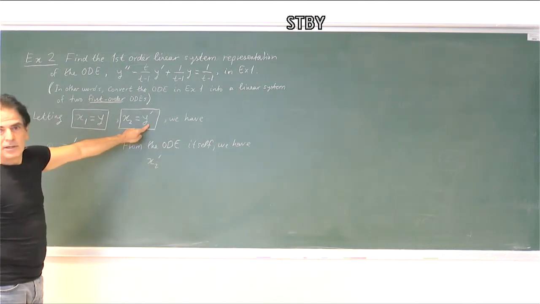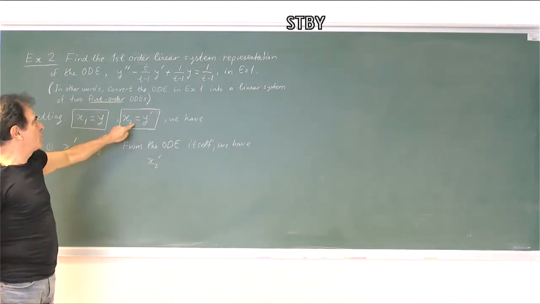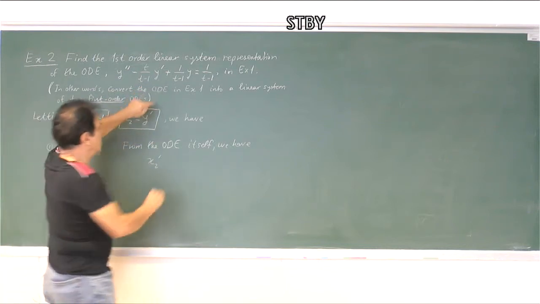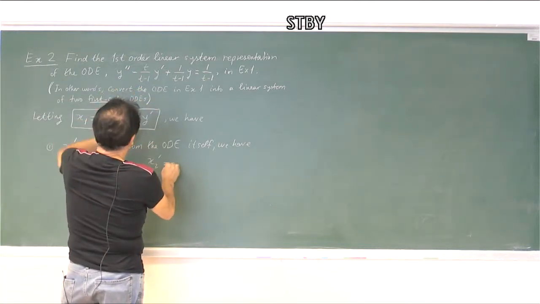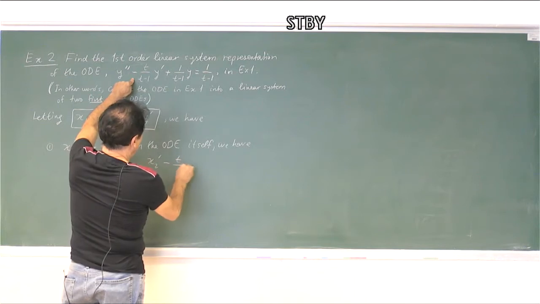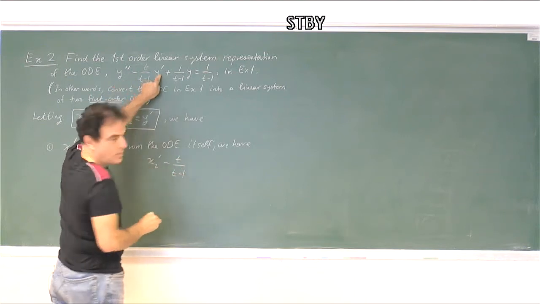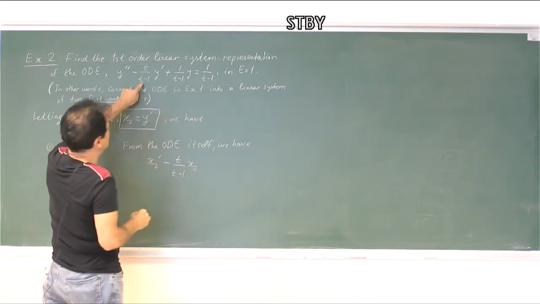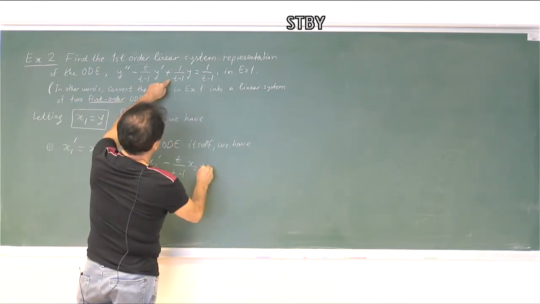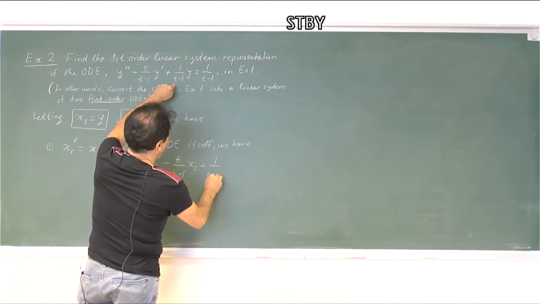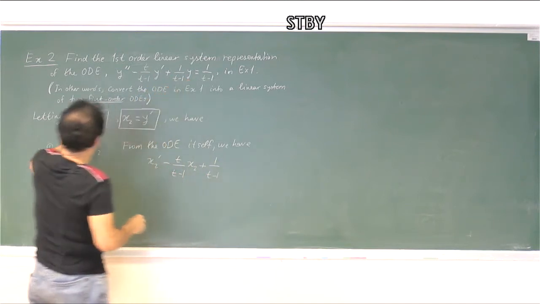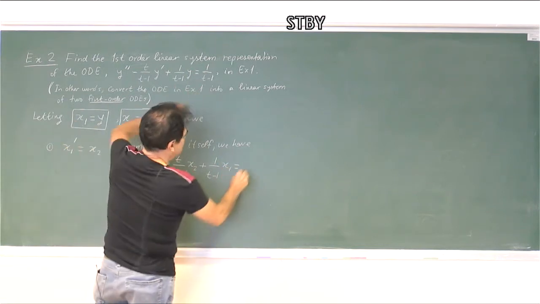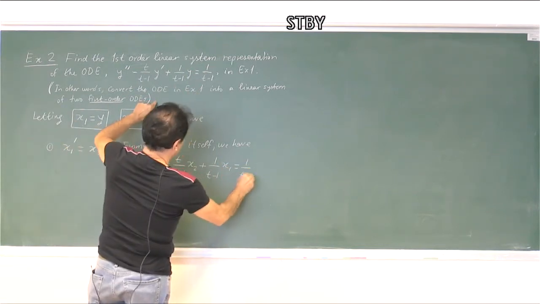Because y prime is x2, so y double prime is x2 prime. Plus t over t minus 1 times y prime, which is x2. And plus 1 over t minus 1 times y, and y is x1. And on the right-hand side, we have 1 over t minus 1.